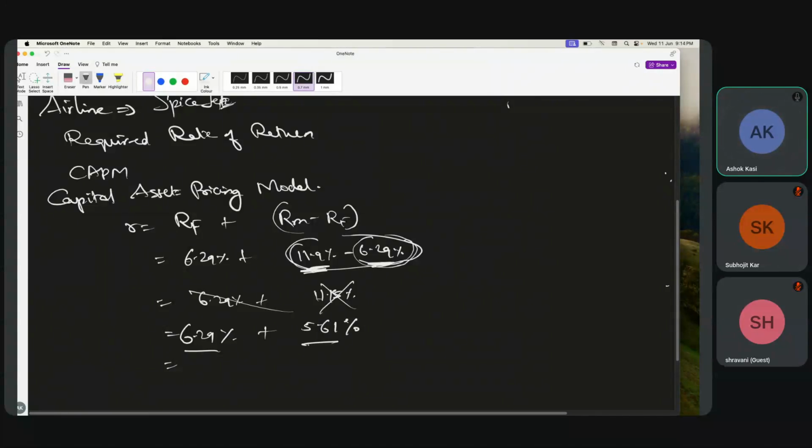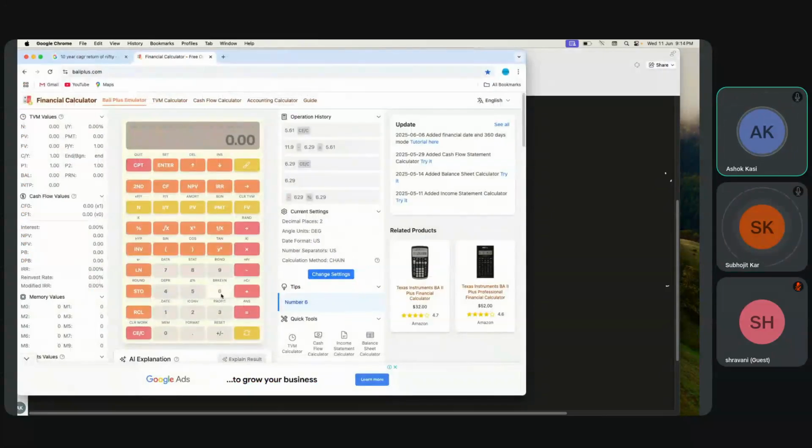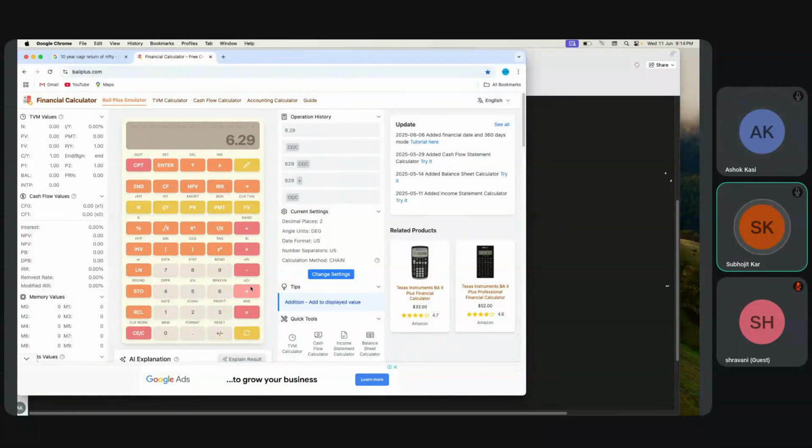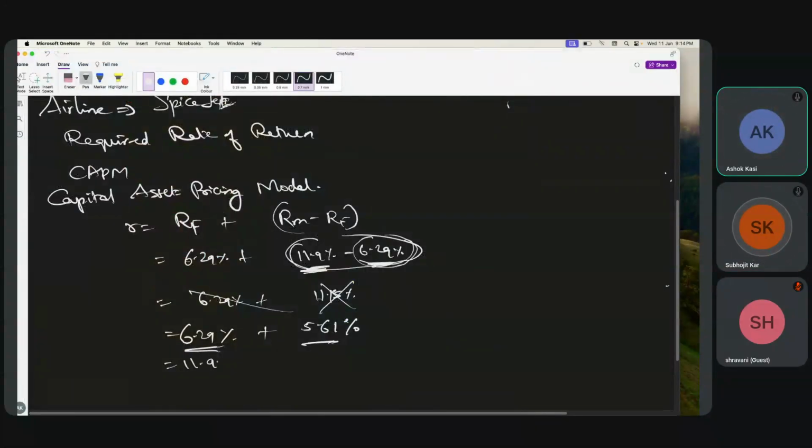So 6.29 plus 5.61 is 11.90, and then I will suffix with percentage. You can do it like this, or else you can simply convert everything into decimal.